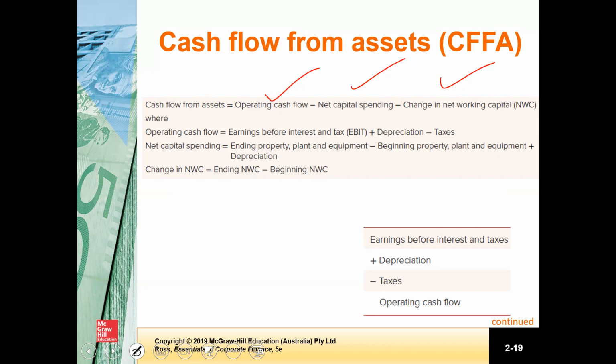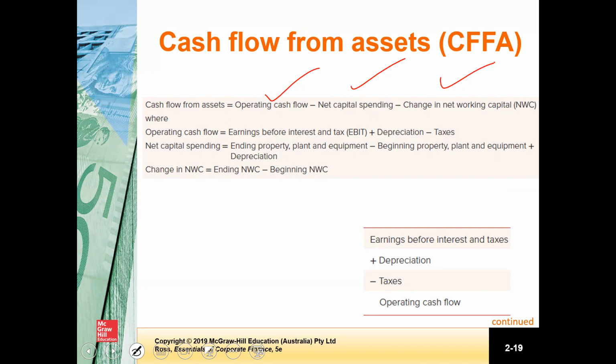Capital spending in this case refers to the net spending on non-current assets. So, for example, purchase of non-current assets less sales of non-current assets. And change in net working capital finally is the amount spent on net working capital.